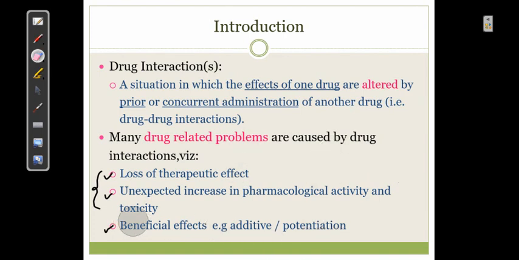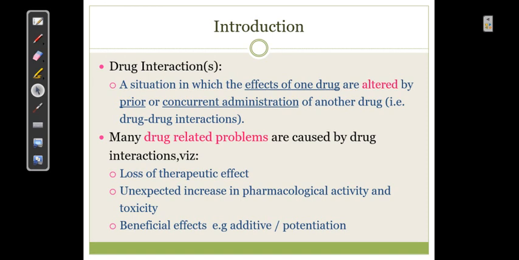It's a combination that is intentionally used, so it's a drug interaction that you can consider. Similarly levodopa and carbidopa are intentionally combined, so that is also a beneficial drug interaction. Penicillin and clavulanic acid, a beneficial type of effect. Such combinations definitely are beneficial, and that is also mentioned very clearly in your syllabus.